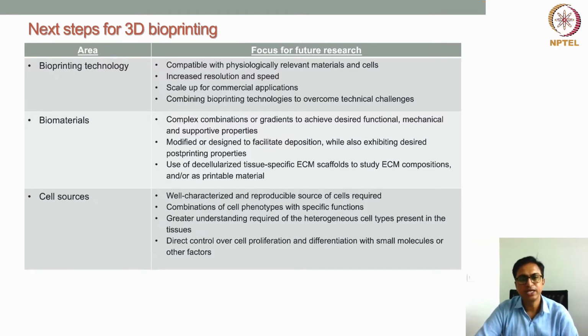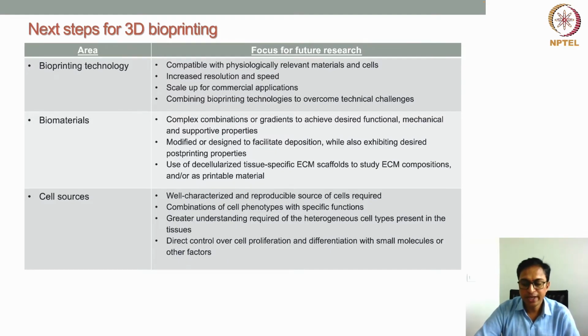The next thing is the increased resolution and speed, because we have seen till now that the resolution of bioprinting varies. Inkjet printing has a very high resolution, and extrusion based bioprinting has a lower resolution.